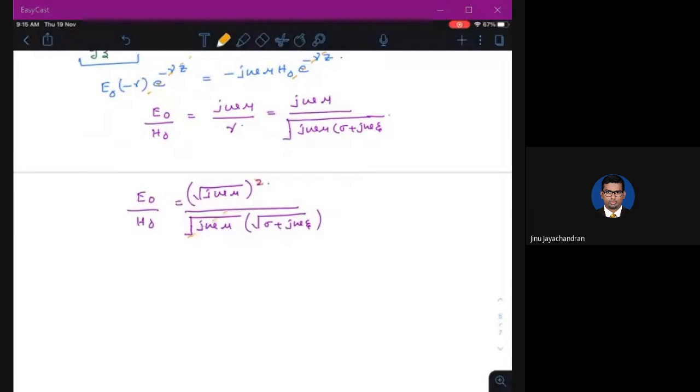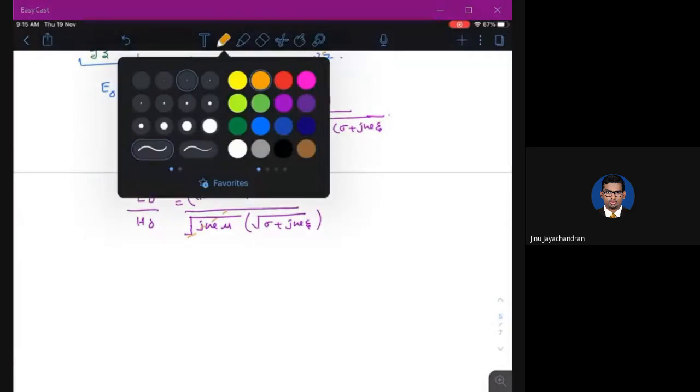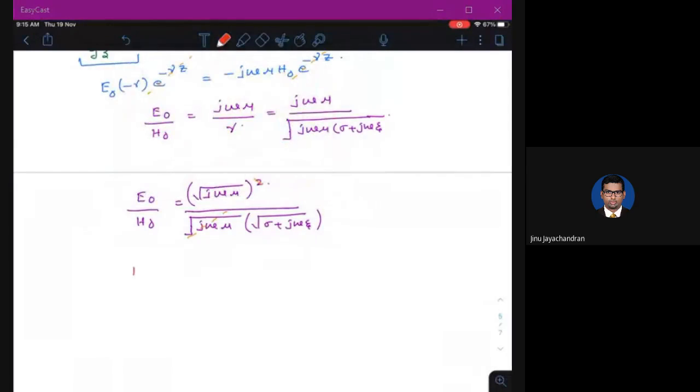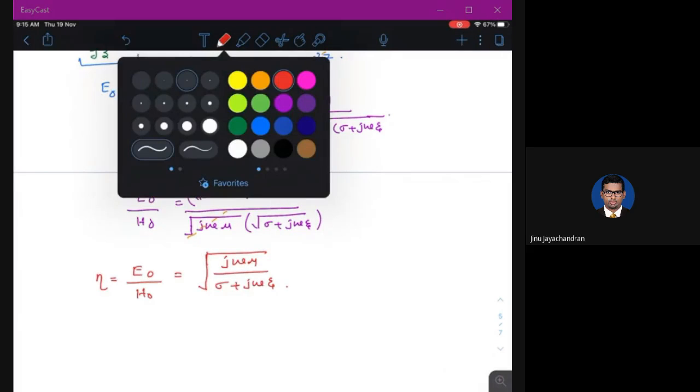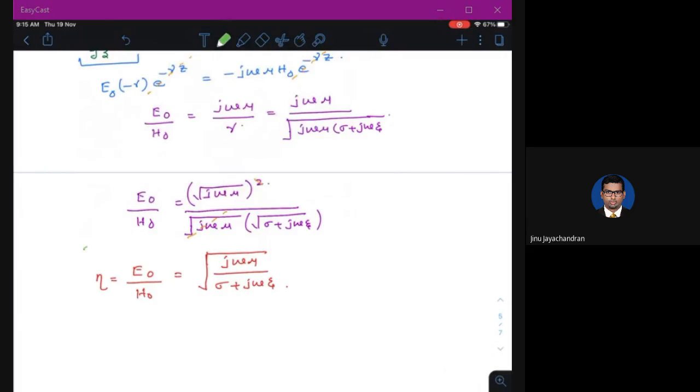Your final expression will come as E0 by H0, which is the intrinsic impedance, is equal to square root of j omega mu by sigma plus j omega epsilon. And this is the expression of intrinsic impedance of the medium.